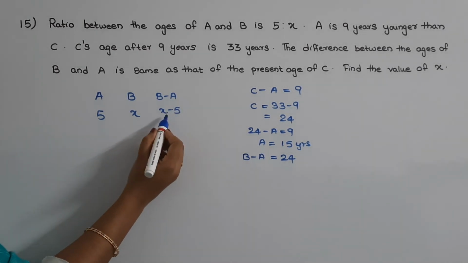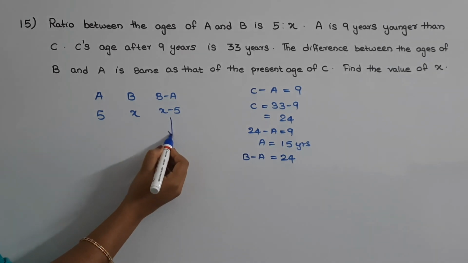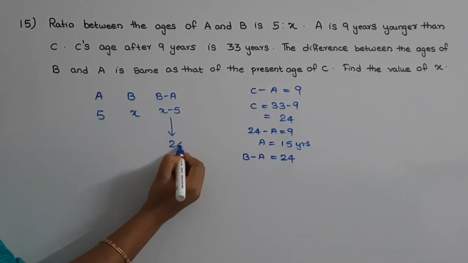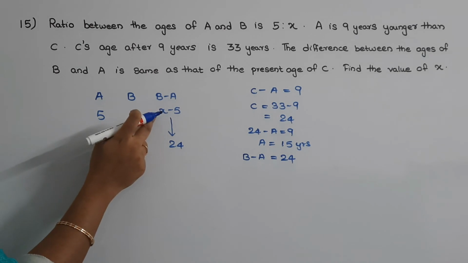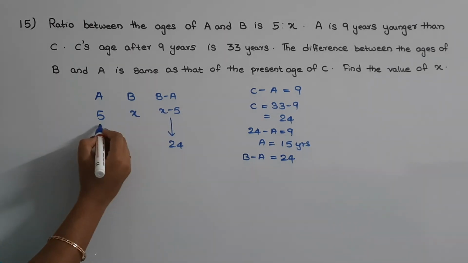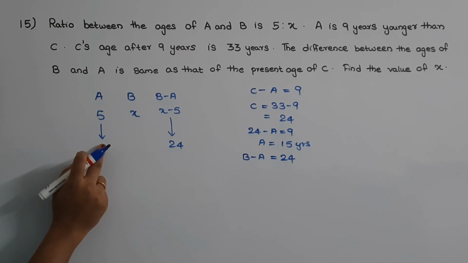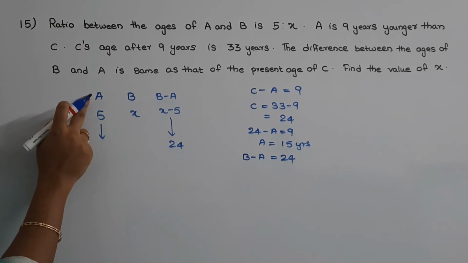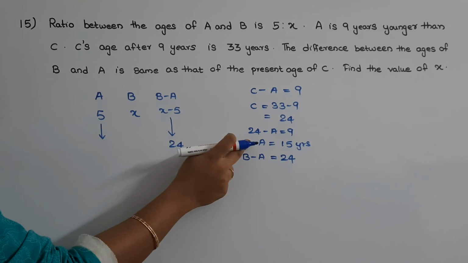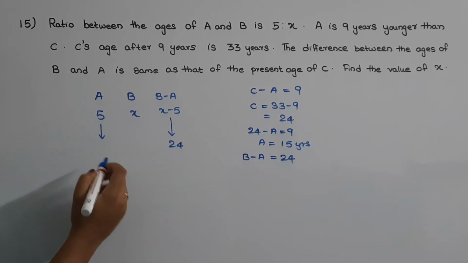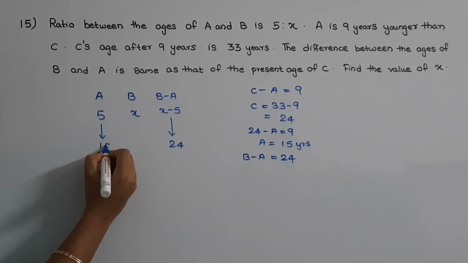Now, we can represent this value as this 24. If we can represent X minus 5 as 24, how can we represent this 5? That particular value will give you the age of A. But we have already found out the age of A as 15 years. So, we can write that 15 here.